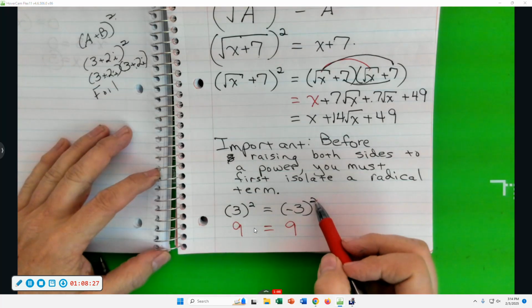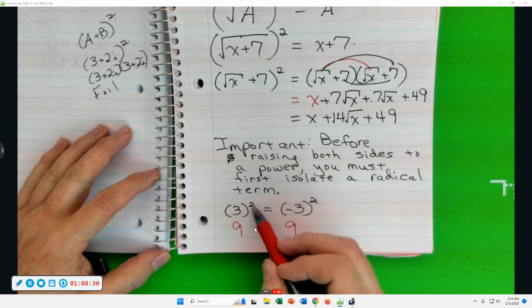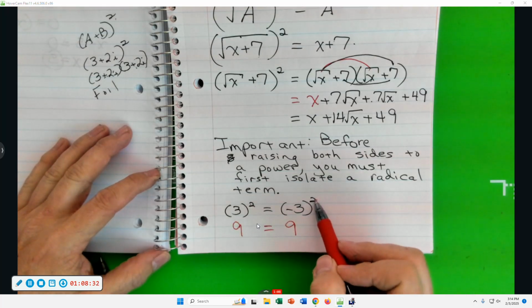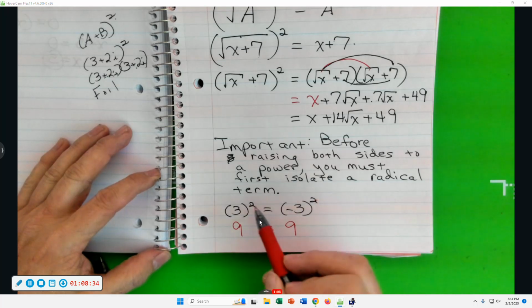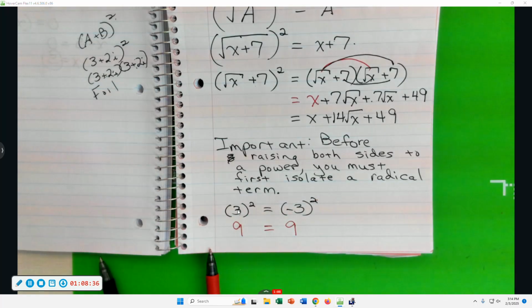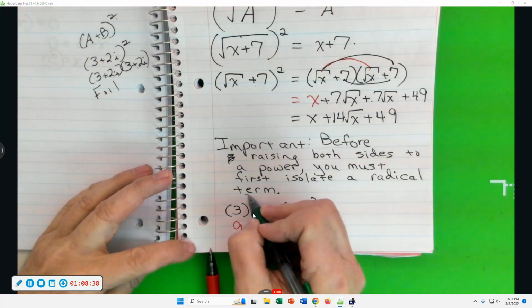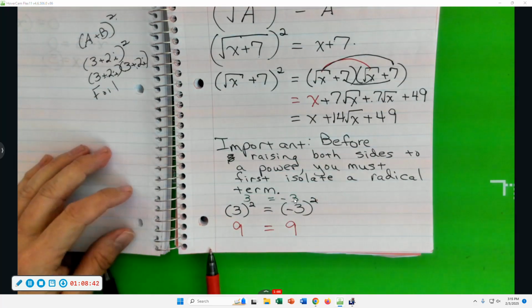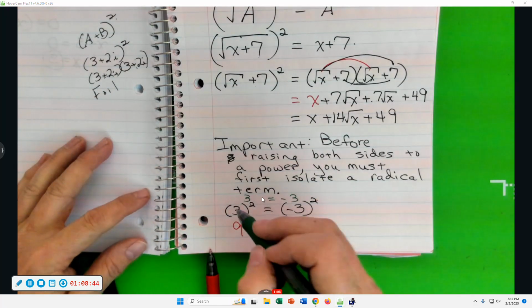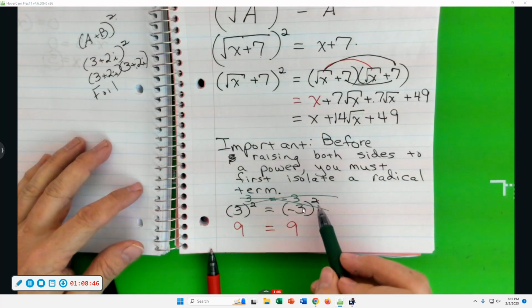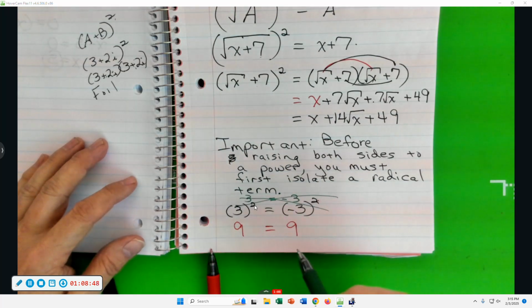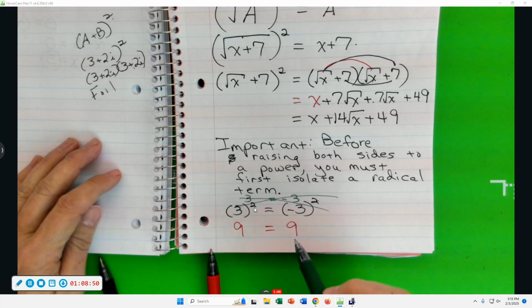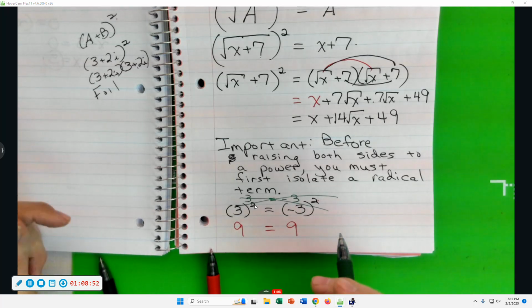Let's go back and drop the squares. If we drop the squares, do we have a true statement? It says 3 equals negative 3. Does 3 equal negative 3? Raising both sides to an even power, you may wind up with a solution that isn't really a solution.